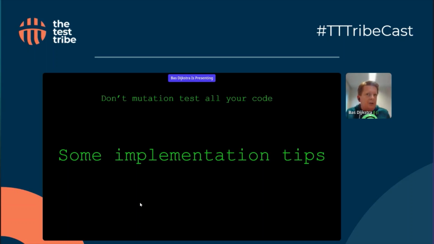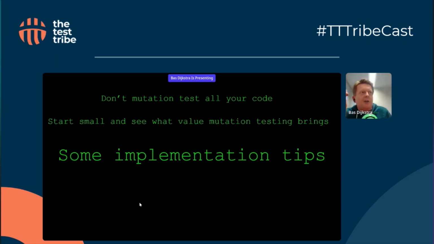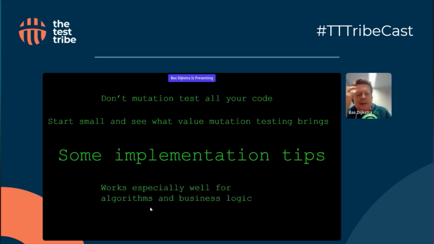But if you have a large code base and a large test suite, your mutation testing execution time can potentially explode. So my suggestion would be to start small. Start on a small but important piece of your code and see the value that mutation testing brings.